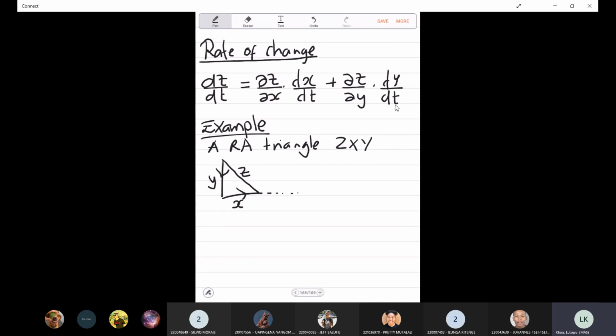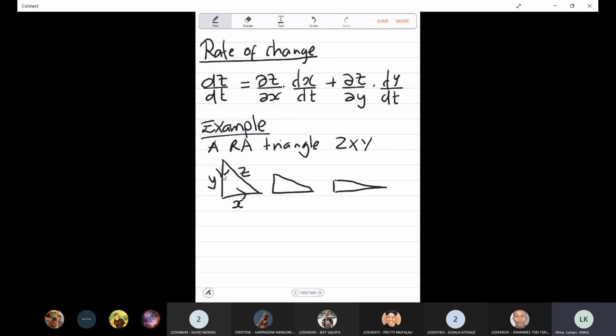So this is what your original triangle looks like. Then after a while, it'll look something like this. So you can see the y has decreased, the x has increased, and then again something like that, and it continues in that manner. So your x is increasing and the y is decreasing.